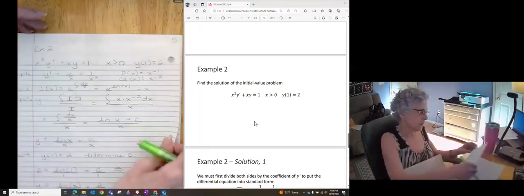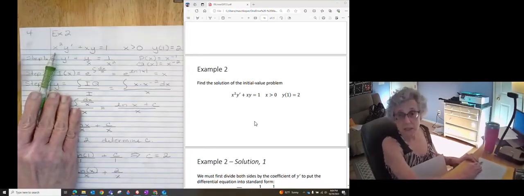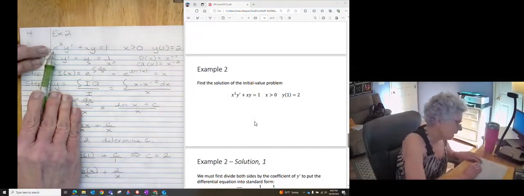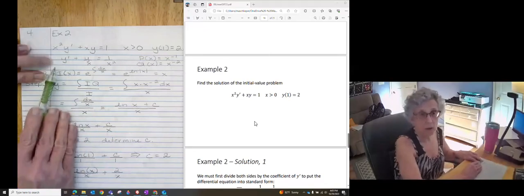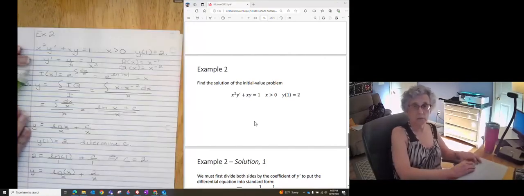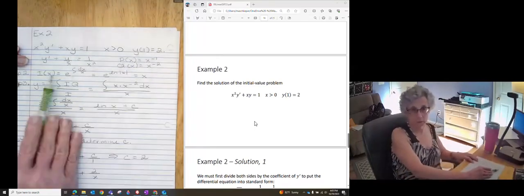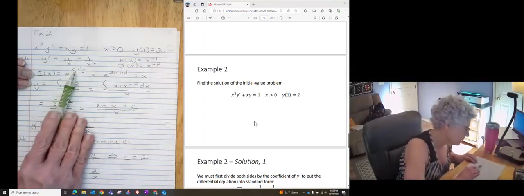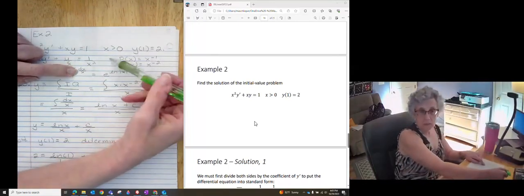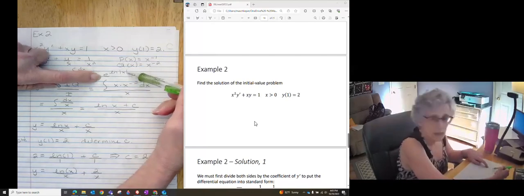So, let's write down our initial value problem. This time, it doesn't start out in perfect general form. We have an x squared sitting next to my y prime. So I divide everybody by x squared to get it into general form so I can write down my p and my q. My integrating factor is e to the integral of p, which is x to the minus 1. I just wrote it as dx over x, which is the natural log.